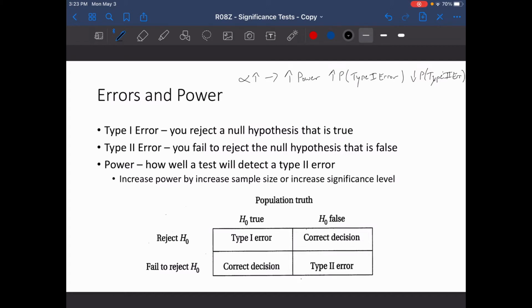Okay? If you decrease your significance level, I'm going to erase this. Hold on one sec. I'm going to erase this and set that equal to, if you decrease your significance level, that is going to decrease your power. It's basically going to have the opposite effect. It's going to decrease your probability of a type 1 error, but it's going to increase your probability of a type 2 error.